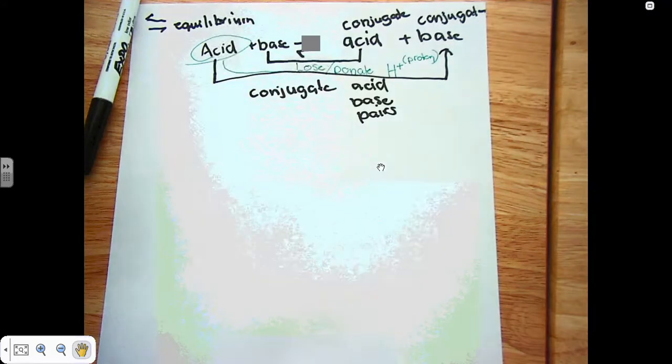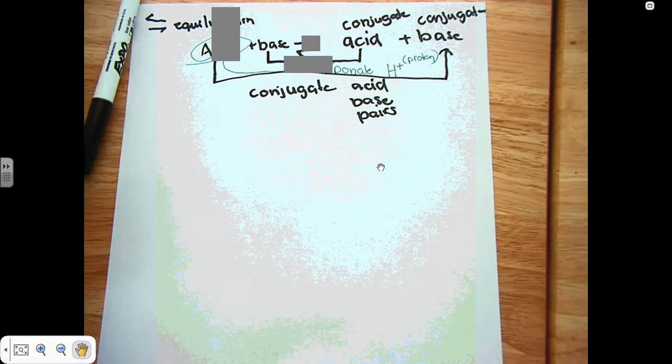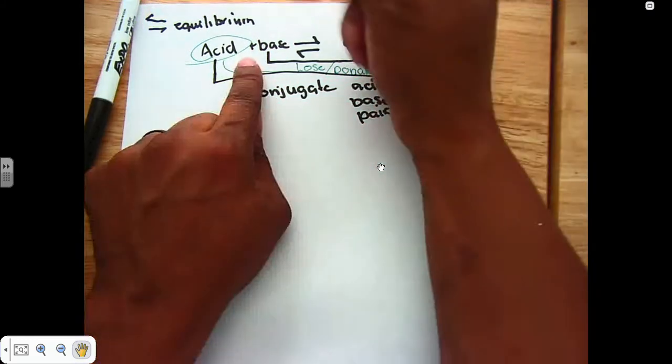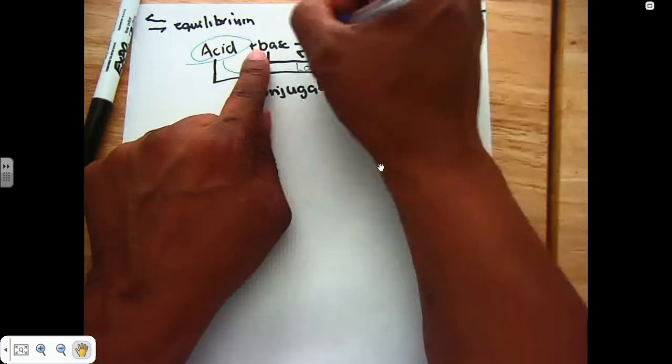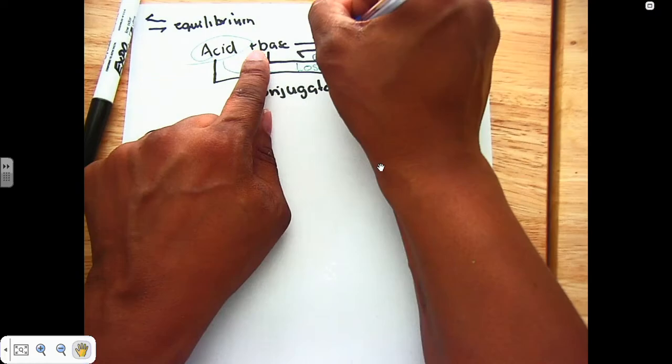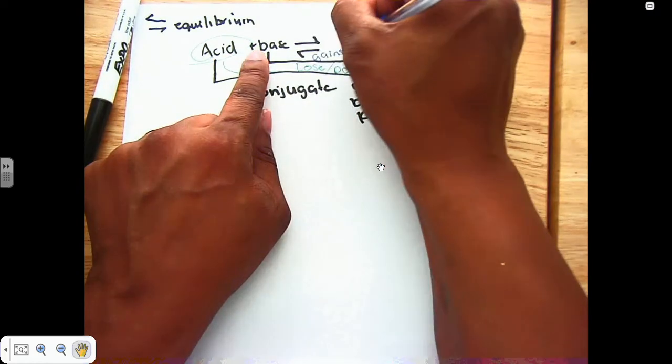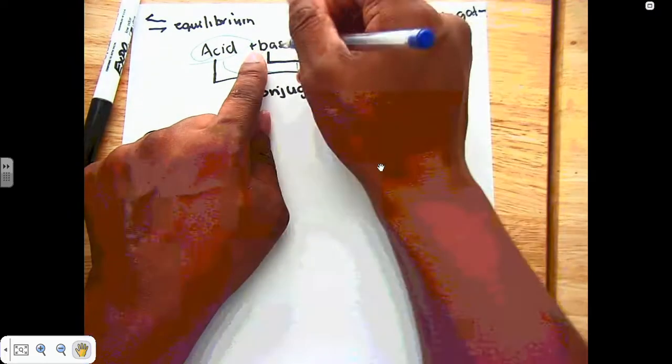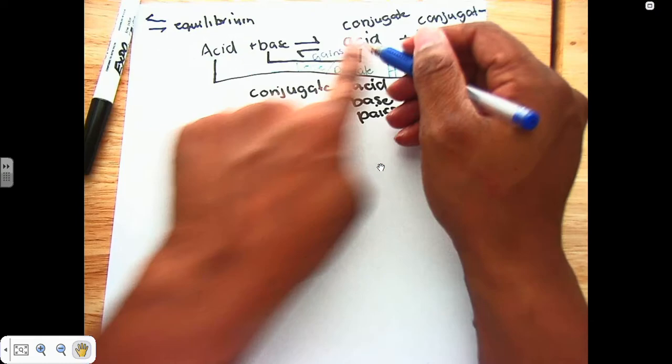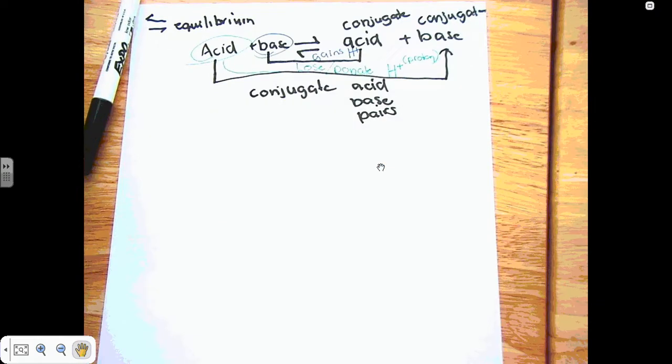Now, conversely, when we're looking at the behavior of our base, the guy usually starts with some kind of deficiency and somehow goes through the process where it gains an H group or a proton going from here to here. Because it goes from here to here, that's going to operate as our base.